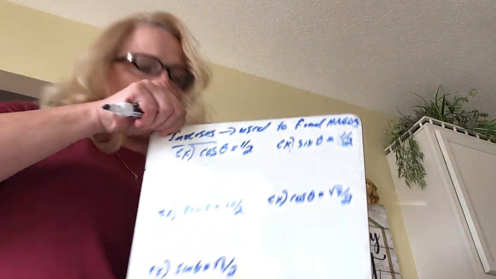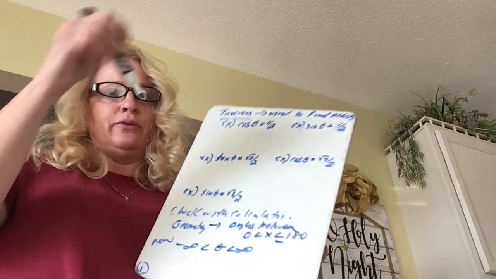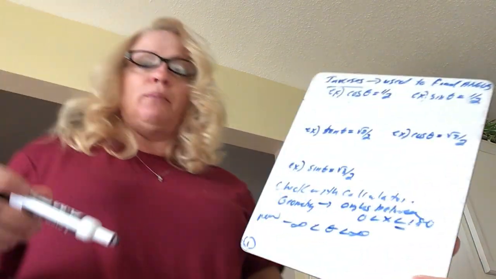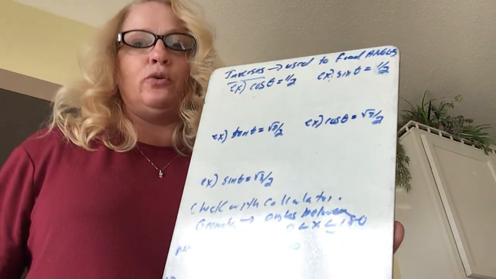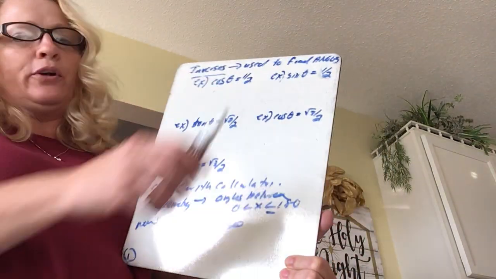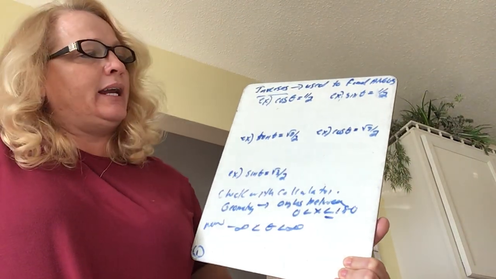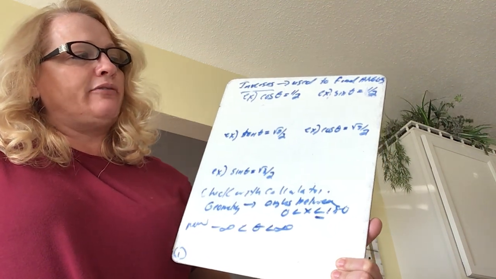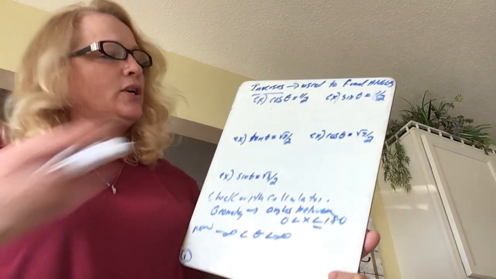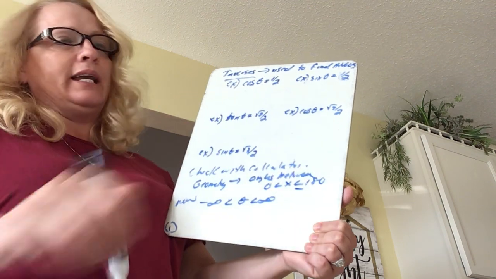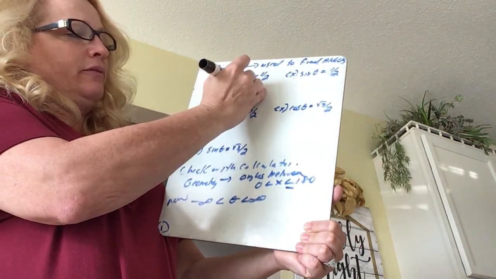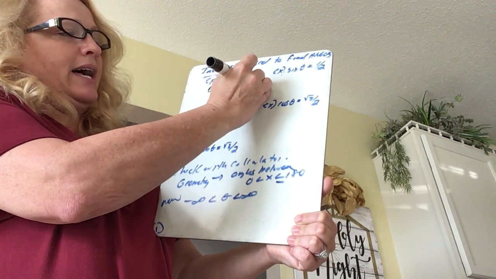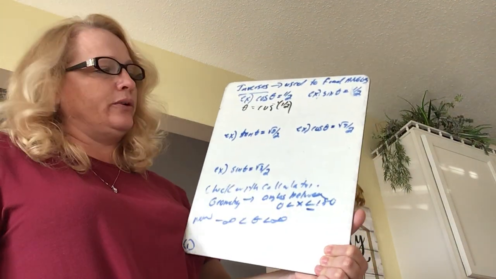Today we're just going to focus on the numerical values, and then tomorrow we will look at the graphs to understand why certain things are happening with the numerical values. Remember, you used inverses in geometry, and we know inverses are used to find angles in trig. For example, if cosine of theta is 1/2 and I cosine inverse both sides, a function and its inverse reduce.